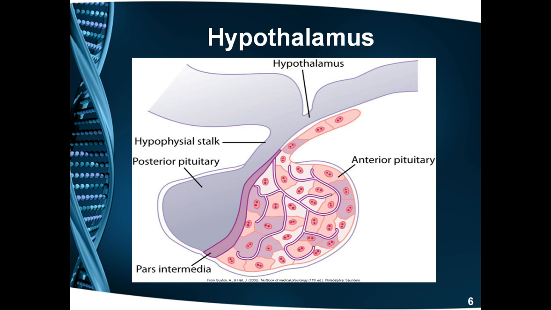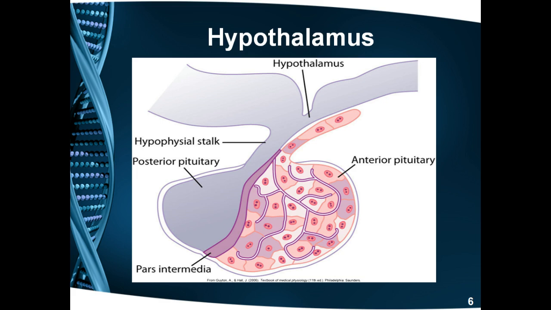Like I was saying earlier, the hypothalamus has the ability to release hormones into the blood that travel to other parts of the body, mainly the anterior pituitary, and they either stimulate or inhibit the release of anterior pituitary hormones.